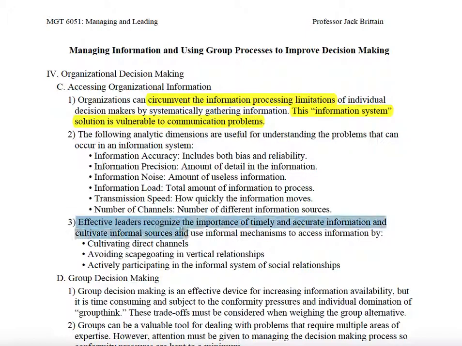So, while we absolutely understand that information is really powerful in helping people make better decisions, one of the things we quickly come to the conclusion of is that effective leaders are doing an awful lot on the informal side.